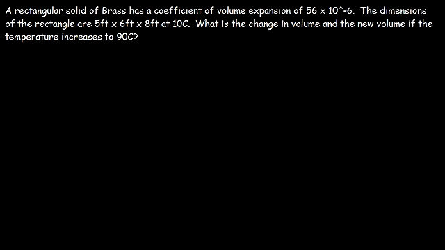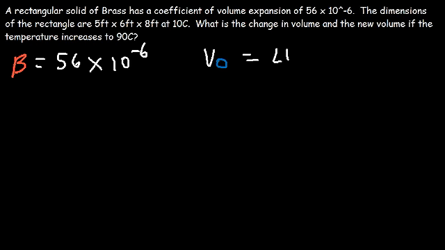A rectangular solid of brass has a coefficient of volume expansion of 56 times 10 to the minus 6. And I forgot to put the units, that's Celsius to the minus 1. So this is our beta value. Now we have the dimensions of the rectangle, so we can calculate the initial volume. It's going to be the length times the width times the height.